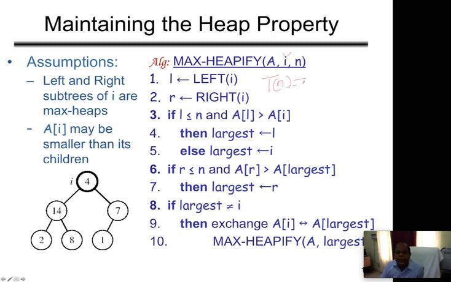Then T(n) will be, this is a constant time, this is a constant time, and so on, all of these are constant time. I can write C for all the constants together, plus the same max heapify on largest. If this is T(n) with I, then T with largest, that means the largest number of elements.